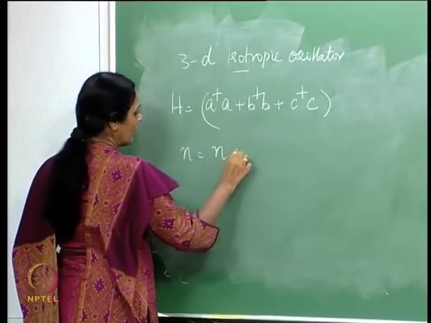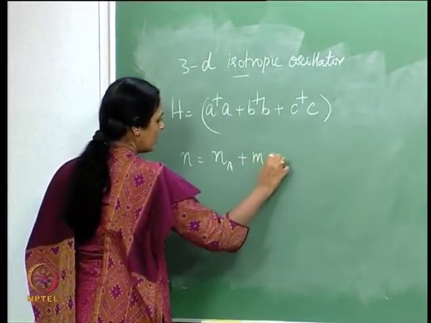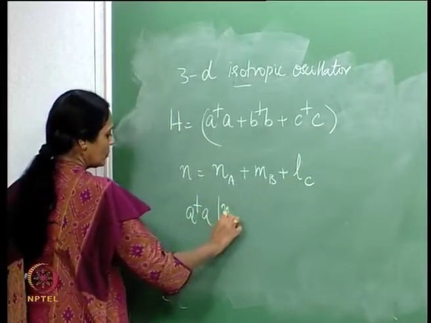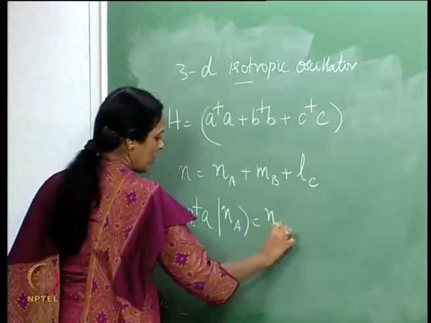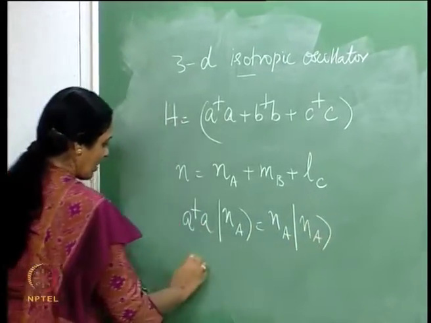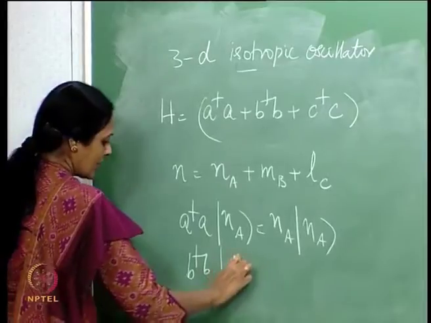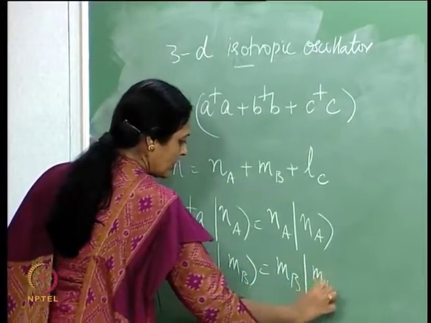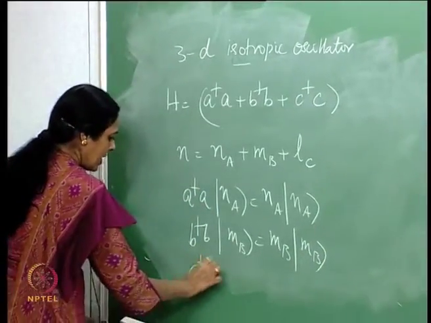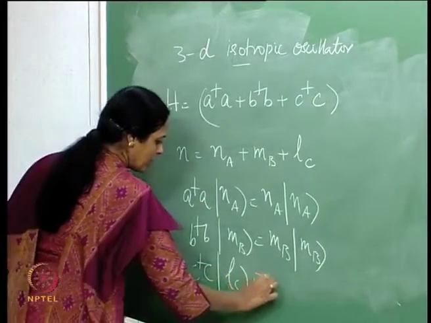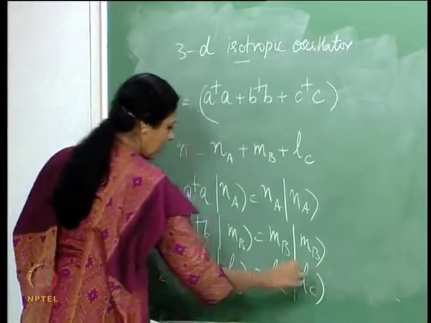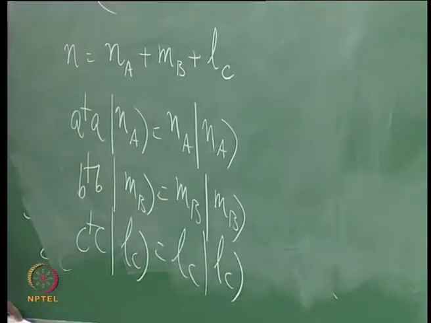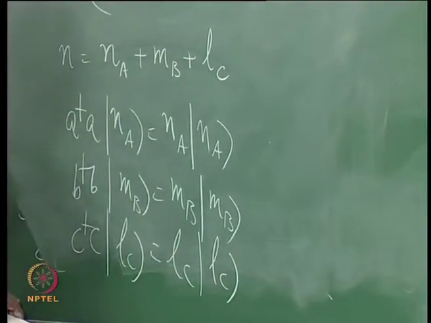is given by Na plus Mb plus Lc, where A dagger A acts on the state Na to give me eigenvalue Na, B dagger B acts on the state Mb to give me this eigenvalue equation, and I have a corresponding equation for the system C, the subsystem C. So, let us look at what would happen here.